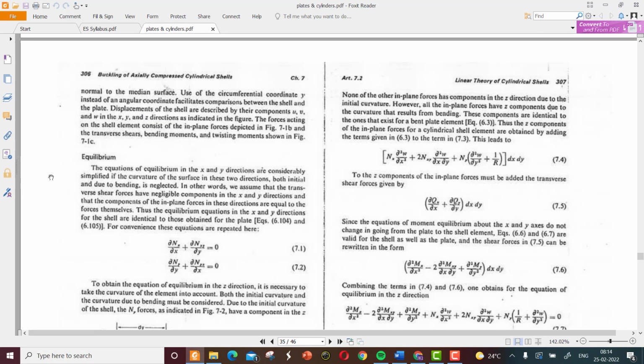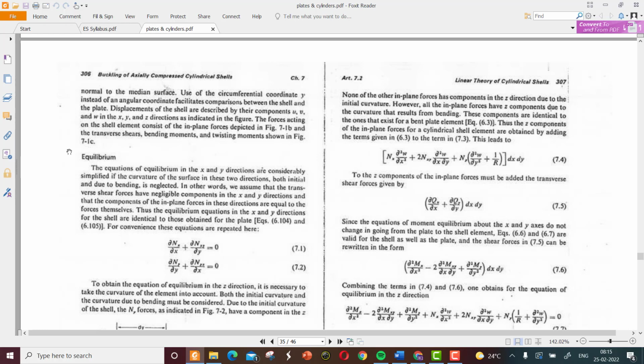So considering the equilibrium, the derivations for the linear theory for shells are proposed by various researchers, and although the shell is very complex to analyze and to derive the equations for, several researchers have made the equations based on many assumptions. So the final equation will depend on the extent of assumption.